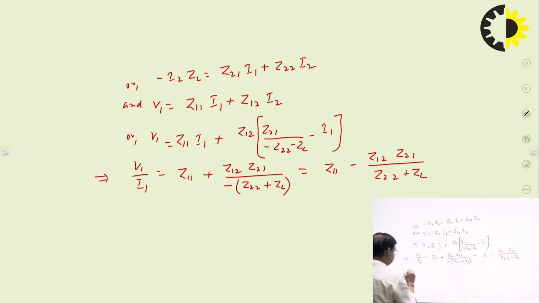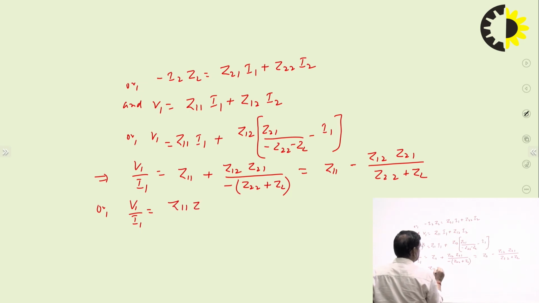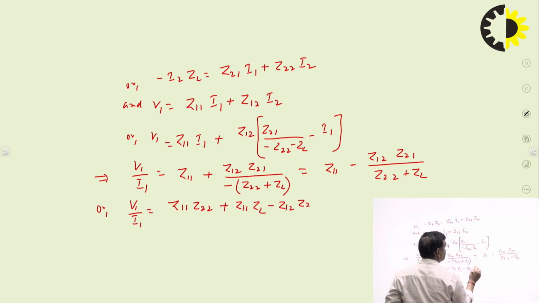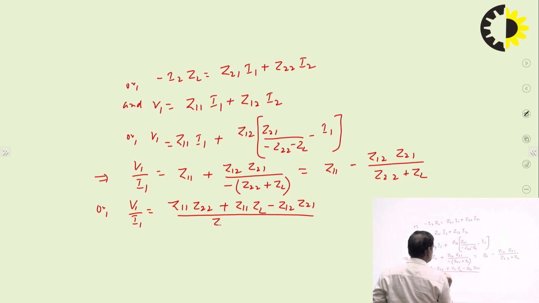So V1 upon I1 is equal to Z11 Z22 plus Z11 ZL minus Z12 Z21 upon Z22 plus ZL.